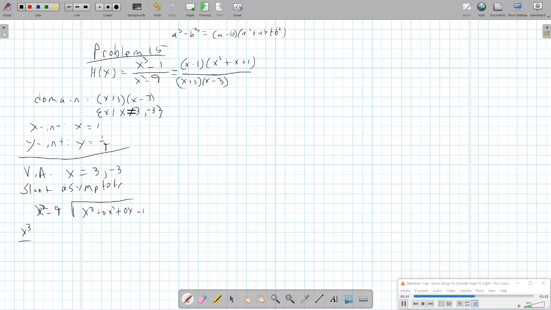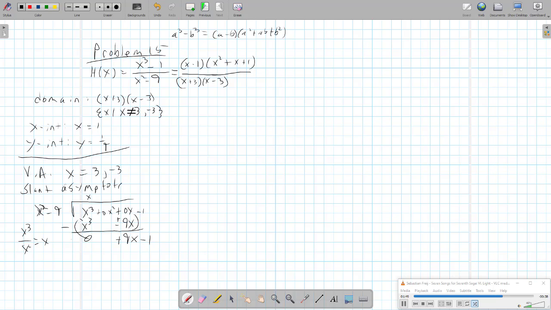Let's see, x cubed divided by x squared is x, so x times the divisor gets me x cubed. That'll be minus 9x, so it'll be under this one. Do your subtraction, so minus and plus. This becomes 0. This becomes negative 9x minus 1.